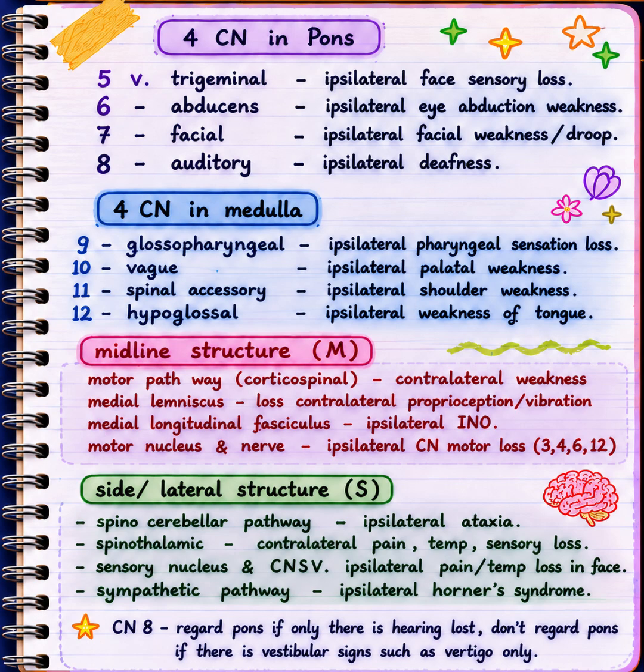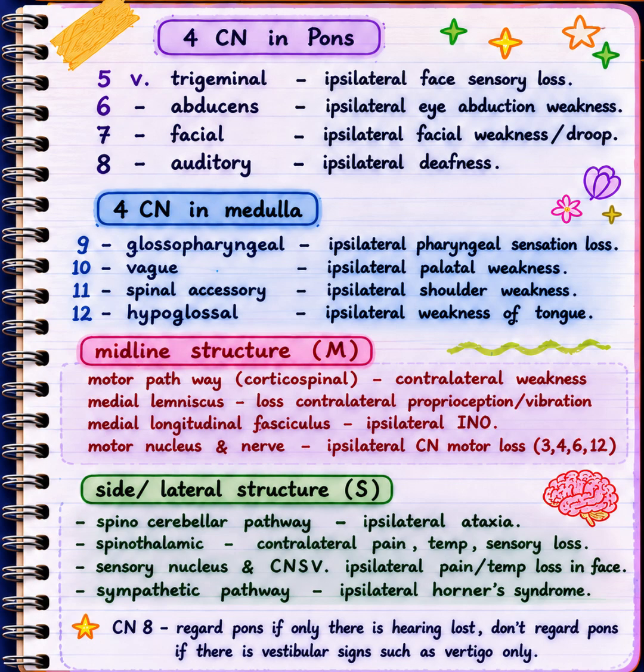Okay, if there is motor pathway corticospinal involvement, it means there is contralateral weakness. If there is body involvement, it always has to be contralateral. So contralateral weakness of the body means motor involvement, and we assume the corticospinal tract is involved. When we see loss of contralateral proprioception and vibration, we have to know it is the medial lemniscus, dorsal column involvement.